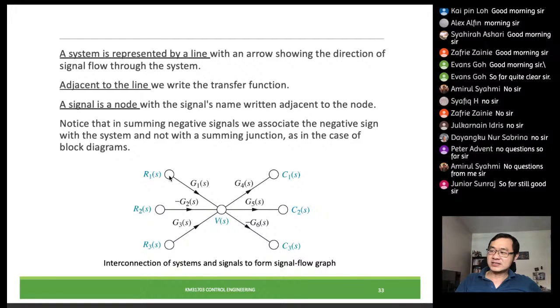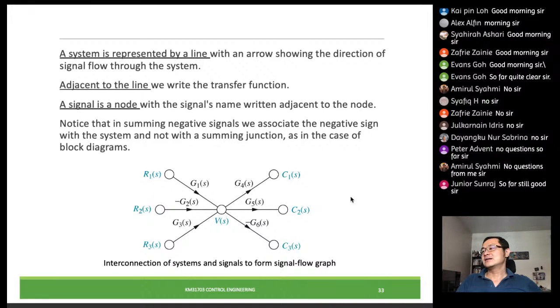So signal R2 will flow through this system into another node or another signal.